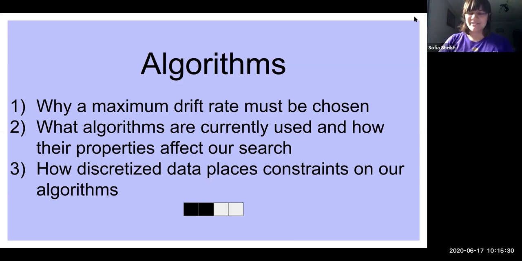But this takes time, right? If you're trying to do this with an algorithm, it's going to be an additional computational cost. And if there's no physical reason that the signal would be up there, why would you waste time searching? So I'll talk about some of the algorithms that we use to search for signals like this and the kind of scalings that they have.